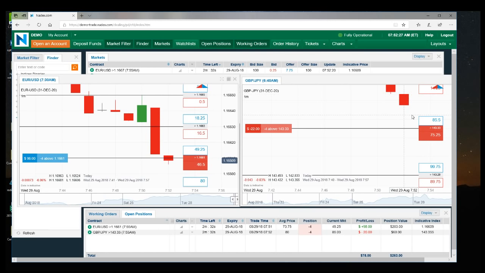When it moves, it does move quite drastically. I do not want to see a reversal bar form here. It's got about 20 seconds left.